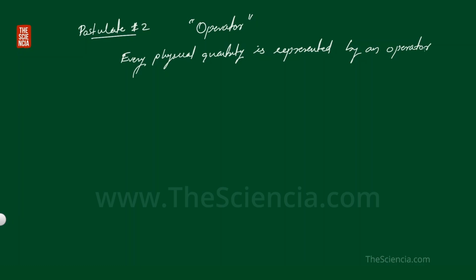That is, position operator x cap, momentum operator p cap, right? And this operator has certain properties. That is, the operator is mathematically linear and Hermitian also.